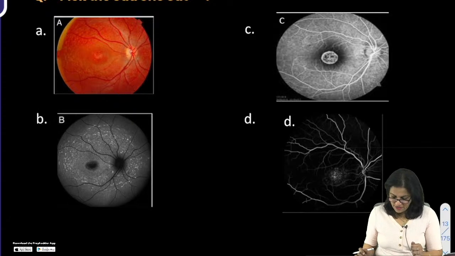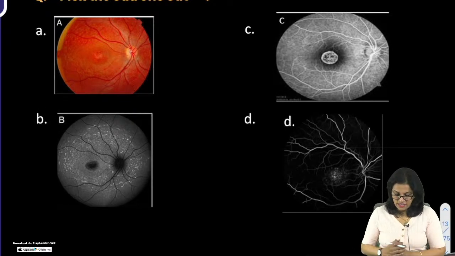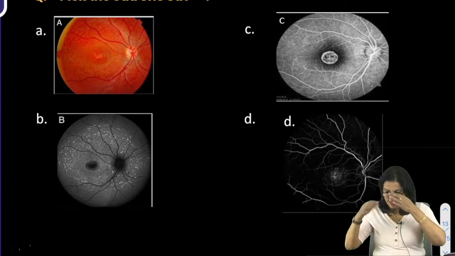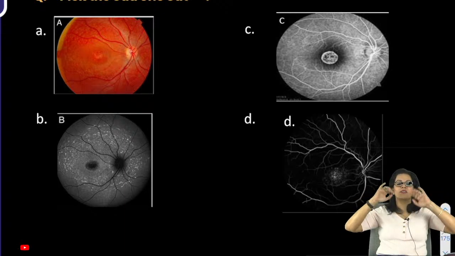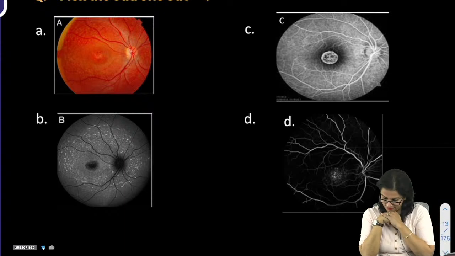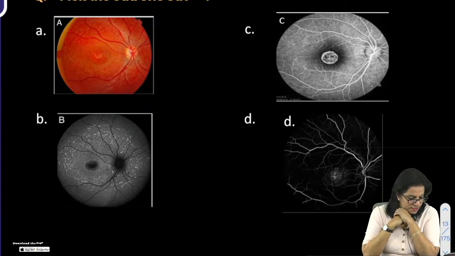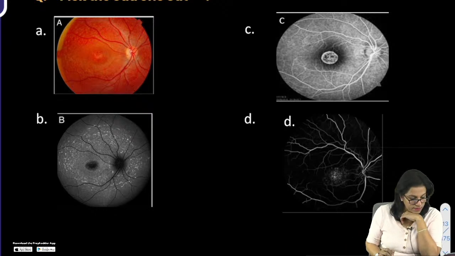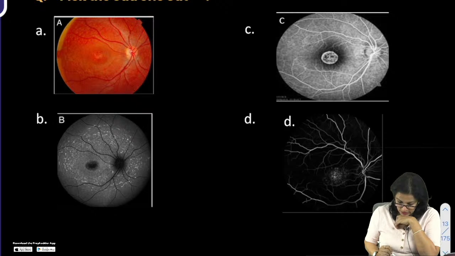Can anyone answer me which one is the odd one out here? A, B, C, D? Come on, quickly. We are taking too much time. We have lots and lots of discussion to do. So this one is A and this one is B, and you all are saying this is the odd one. Acha.